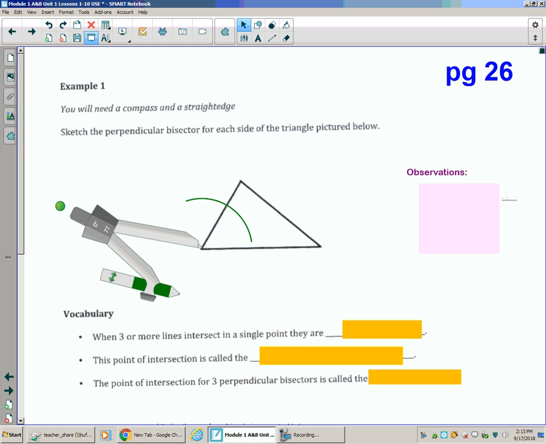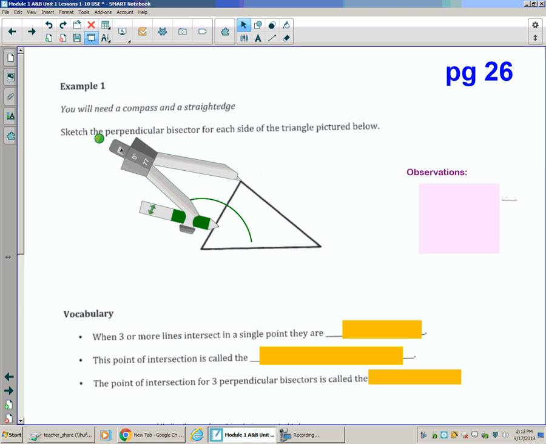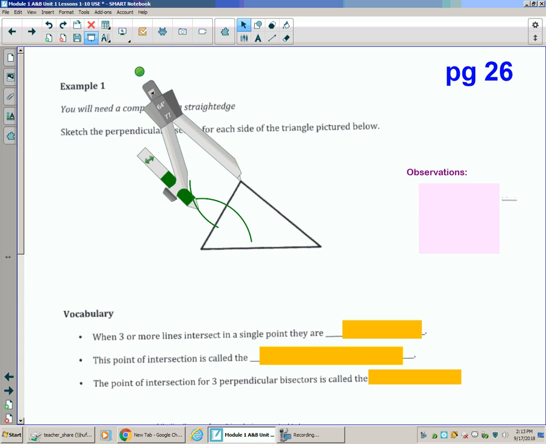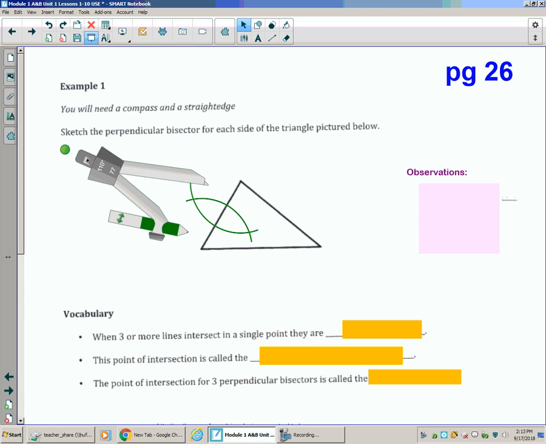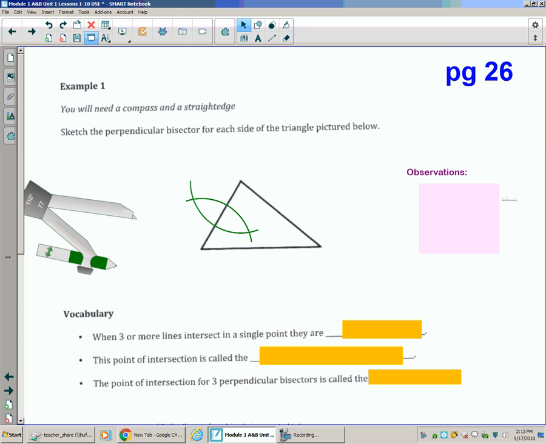And I do the same thing from the other corner of the left side. Semicircle going up and down. After I have my little shape here, those two arcs that intersect, I'm going to connect them with my little dotted line segment. And I'm going to make it go all the way through the triangle there.